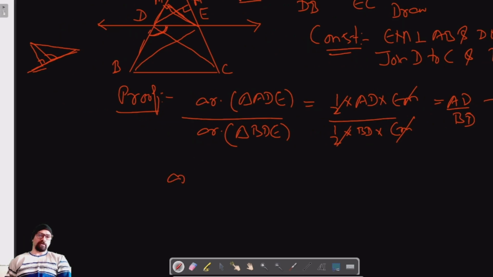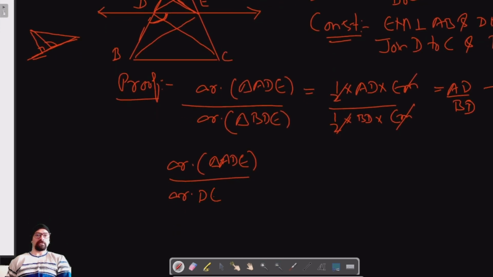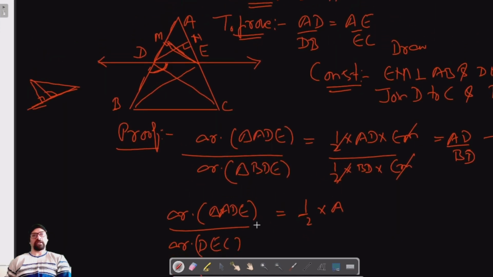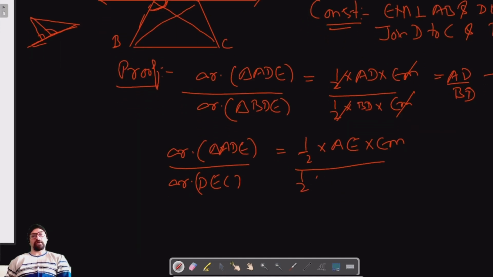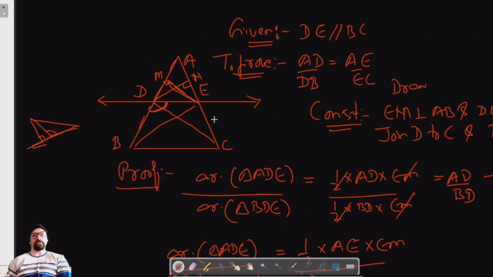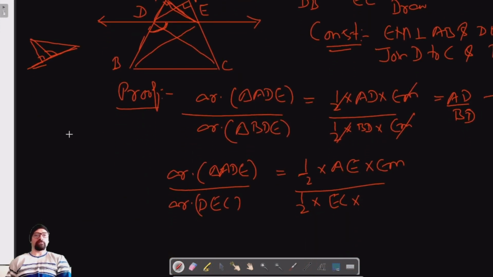Similarly, I'm once again going to find the ratio of area of triangle ADE, and this time with triangle DEC. Now I'm going to find the area of triangle ADE by taking base AE and height DN, and for triangle DEC, base is EC and it's also an obtuse angle triangle.